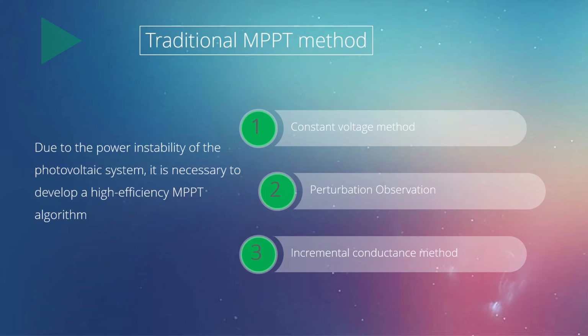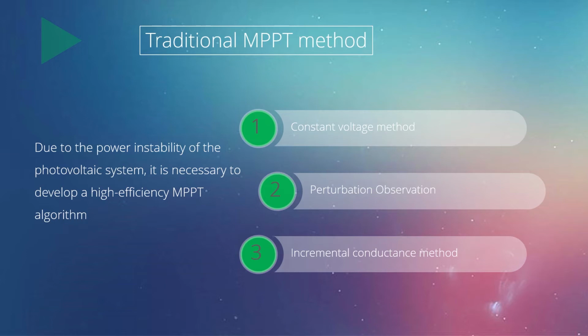Now, let's look at the traditional power tracking method of photovoltaic systems. Traditional methods mainly include three. The first one is the constant voltage method, and the second one is perturbation observation.